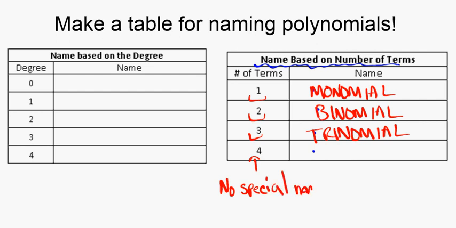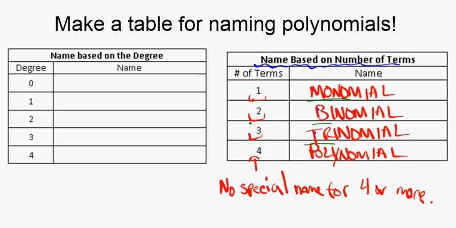So if it had 4 or more, you would just call it the generic name of a polynomial. All of them are polynomials, but we can be more specific when there's 1, 2, or 3 terms and call them monomials, binomials, and trinomials.